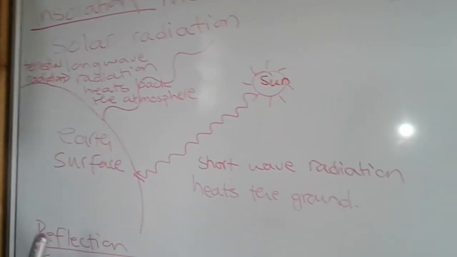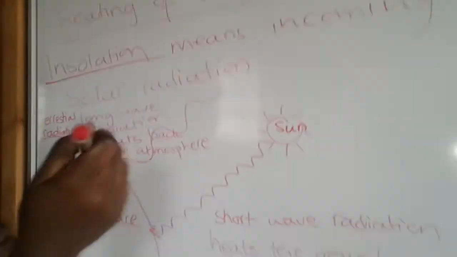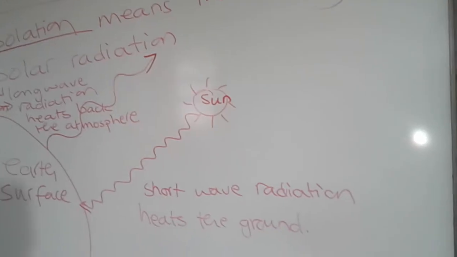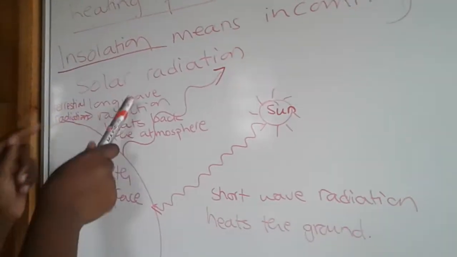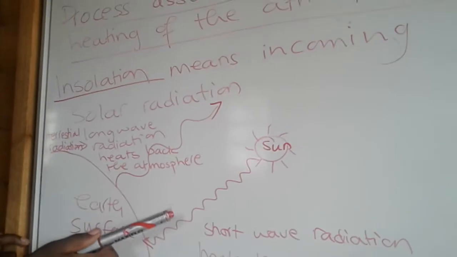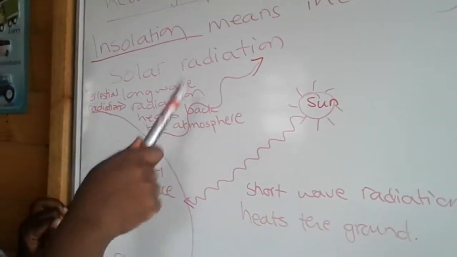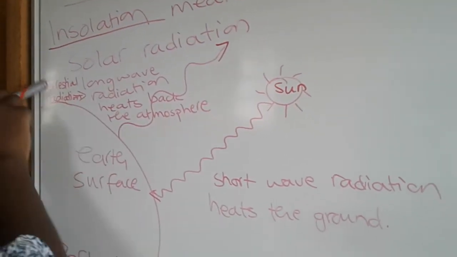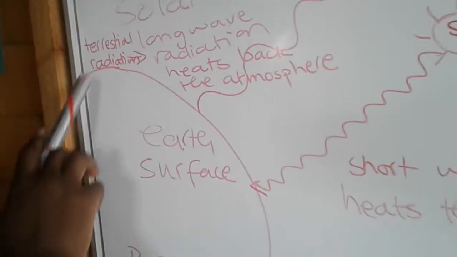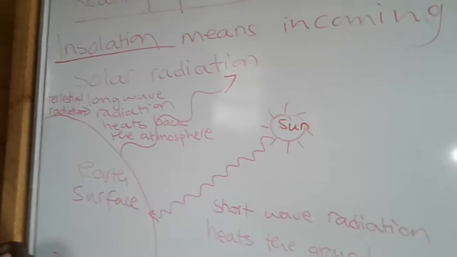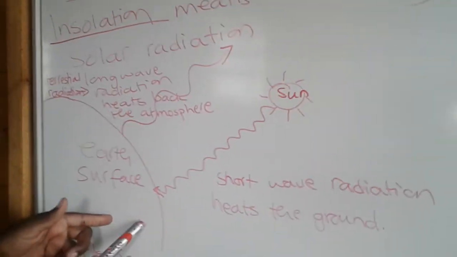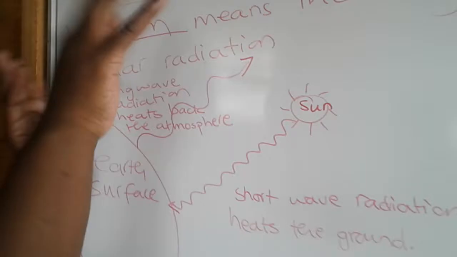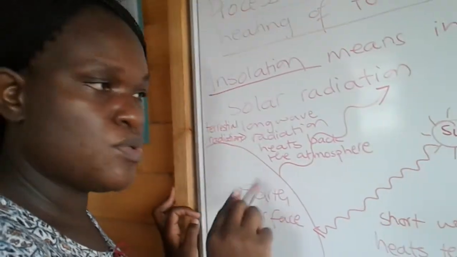And as it absorbs this heat, it will re-radiate the heat back through what we call long wave radiation. So the Earth heats back into the atmosphere through long wave radiation, which is also called terrestrial radiation. Terrestrial radiation. So this is how the atmosphere is heated: incoming solar radiation through shortwave, and then the Earth heats back the atmosphere through terrestrial radiation, which we call long wave radiation.